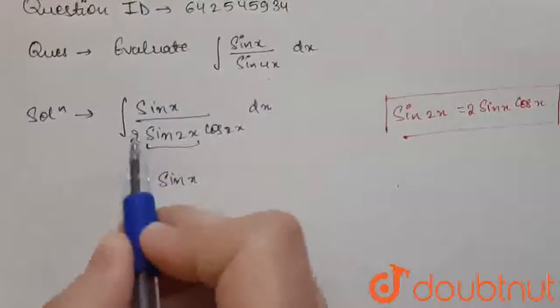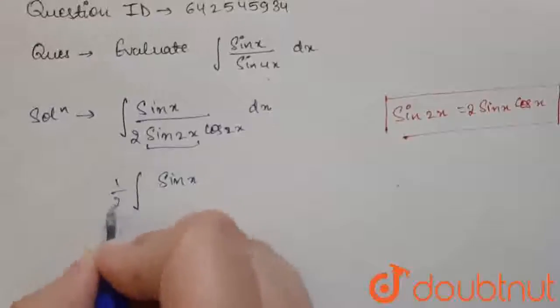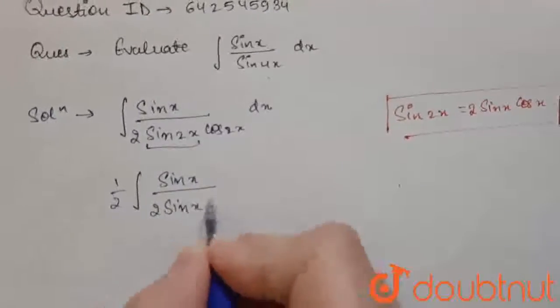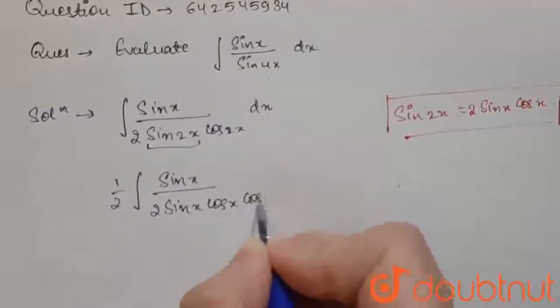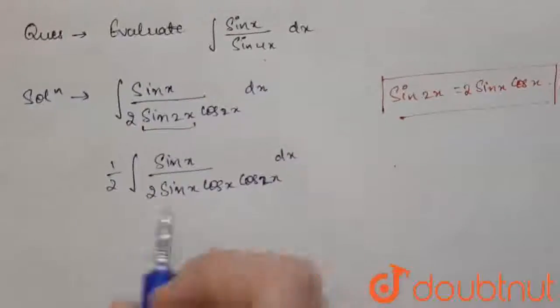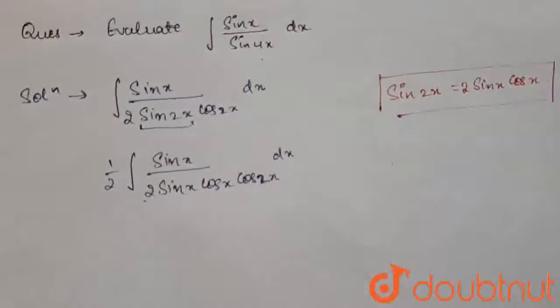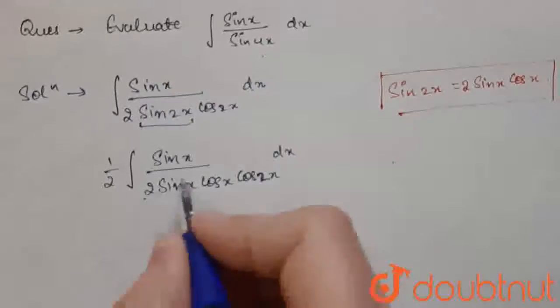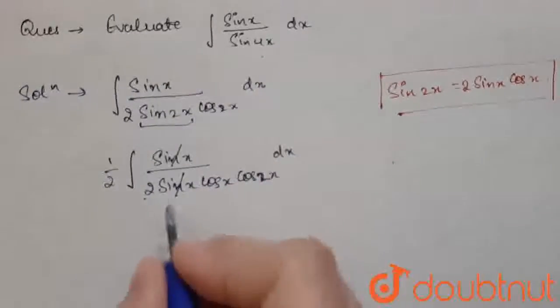This 2 is a constant, so it will come out of the integration, upon 2 sin x cos x cos 2x dx. This 2 is a constant, so this will come out of the integration again. So this and this sin x will get cancelled out.